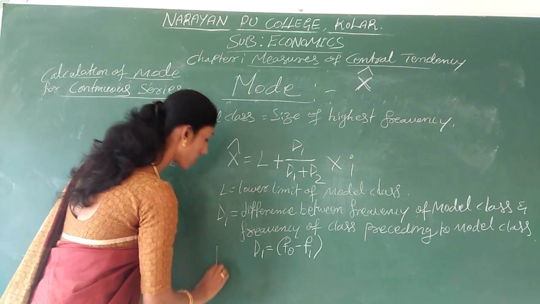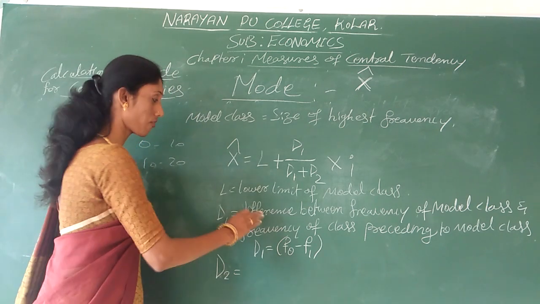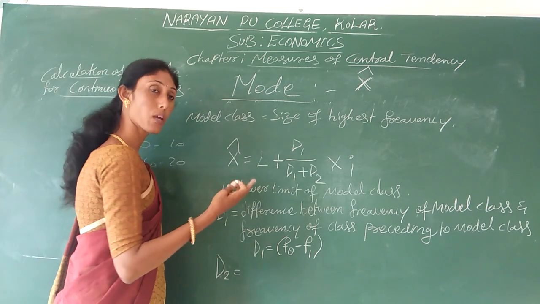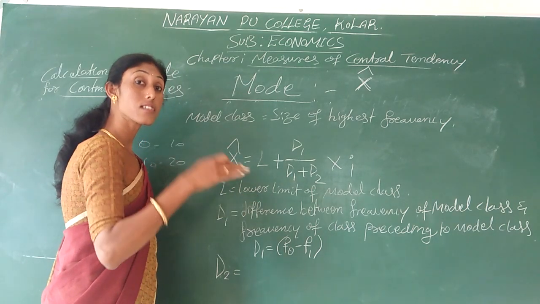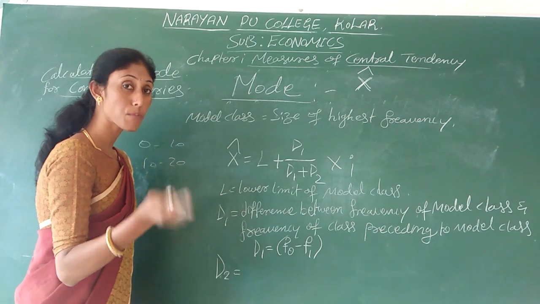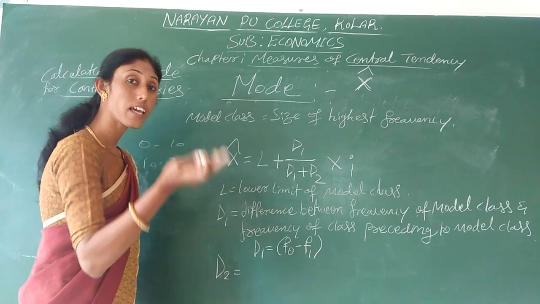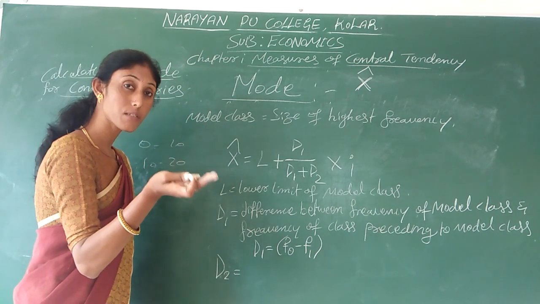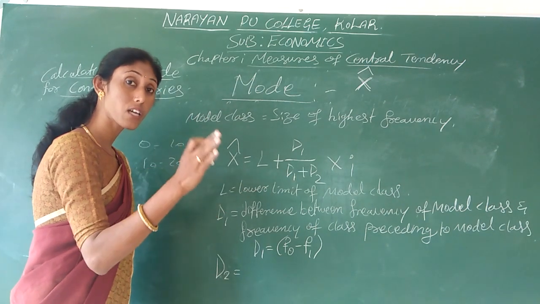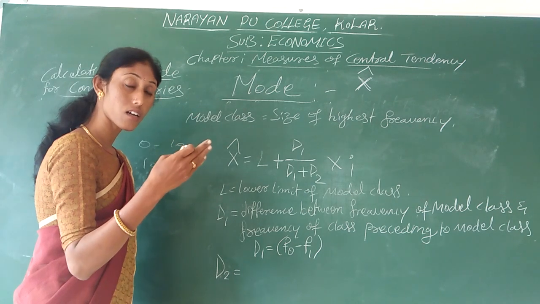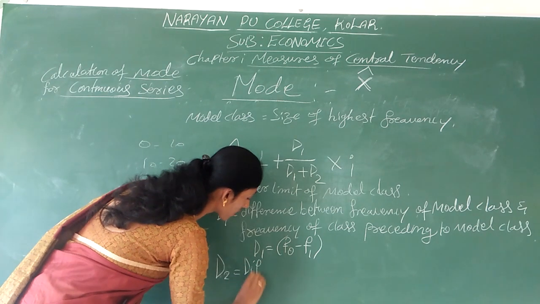Got it? Next, d2. You need to understand what d2 is. In the same way, it is the difference between the frequency of the mode class and the frequency succeeding the mode class. Succeeding means after the mode class, the next class. That next class frequency is subtracted from the mode class frequency.